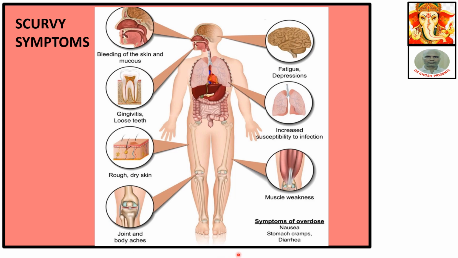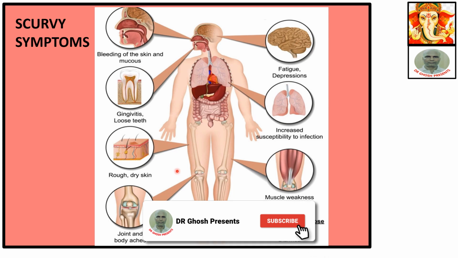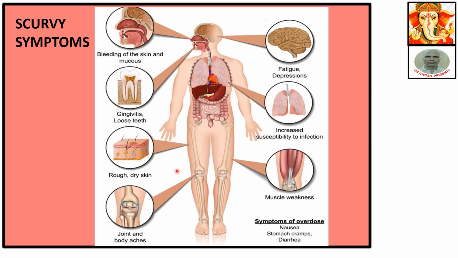So I have noted, just keep it here for your observation to note the scurvy symptoms in a simple fashion by schematic formation. Disease we know, but what are the symptoms, how it does look, you can see it.